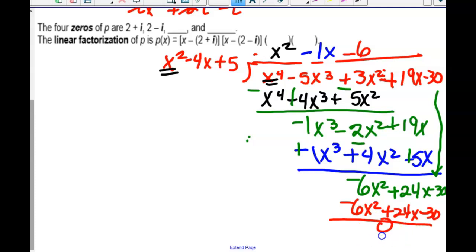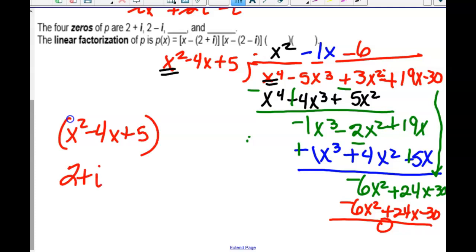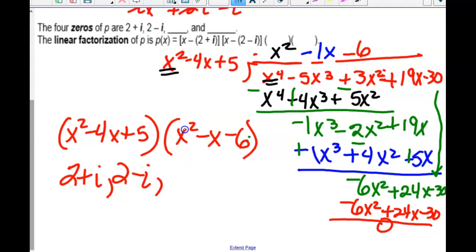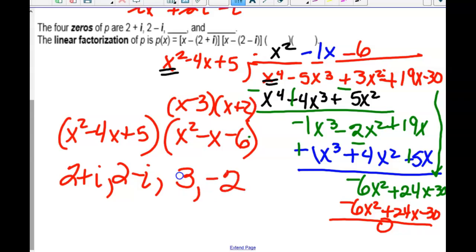And if I change all those and add, I get nothing. Okay, so where are the other two zeros at? This had disgusting zeros of 2 plus i and 2 minus i. But this is our leftovers, and that has nice zeros because it factors into x minus 3 and x plus 2. So 3 and negative 2 are the two nice zeros.